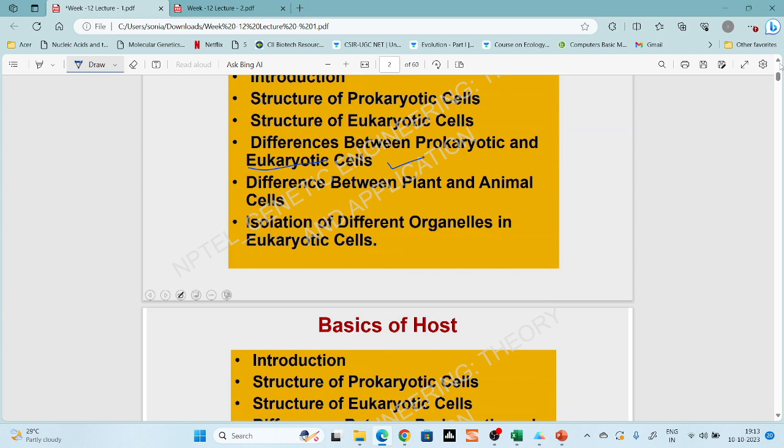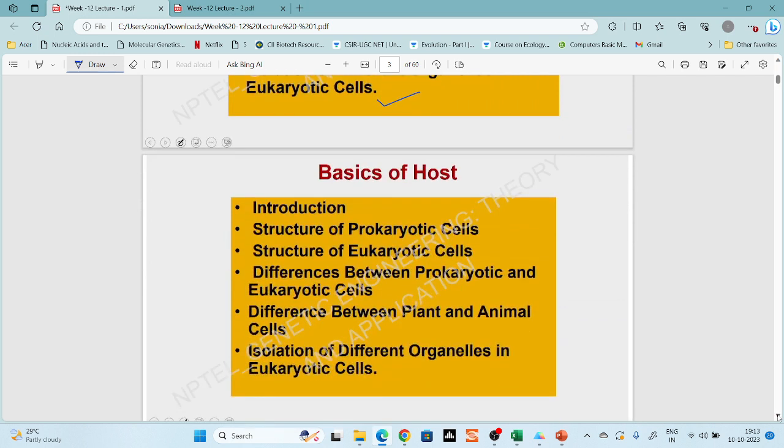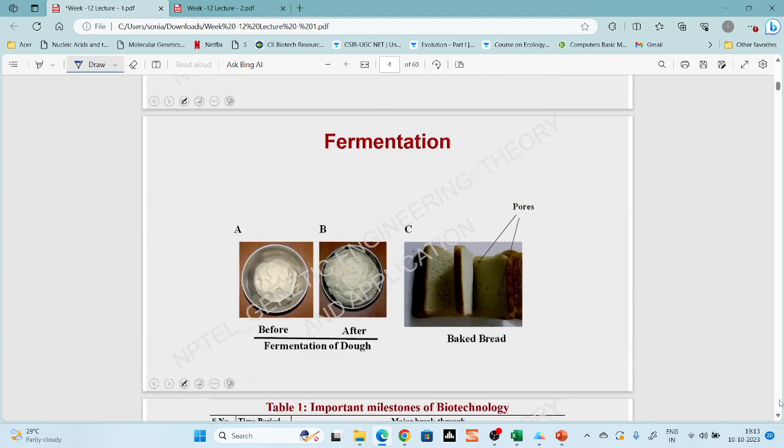We studied the differences between a plant host and an animal host, and how you can isolate and fractionate the different organelles of eukaryotic cells. These are very basics, which we have all been reading since ninth grade: the structure, the basic organelles, the differences between prokaryotes and eukaryotes, just to have an idea of what kind of host variety we can use.